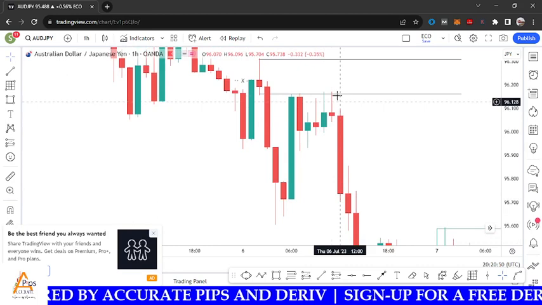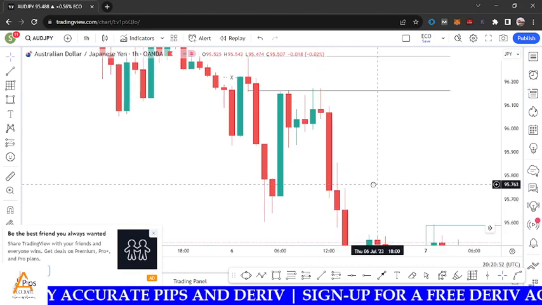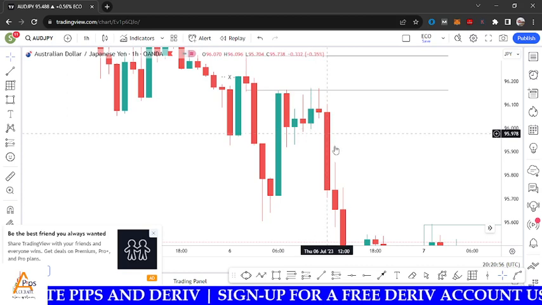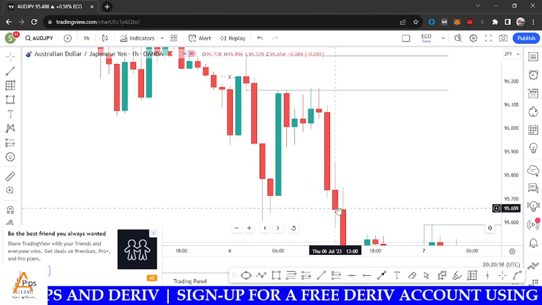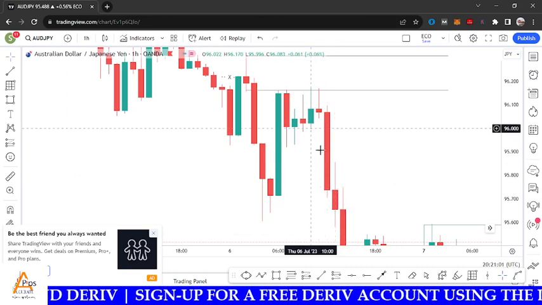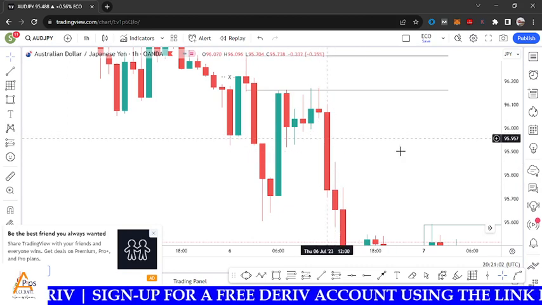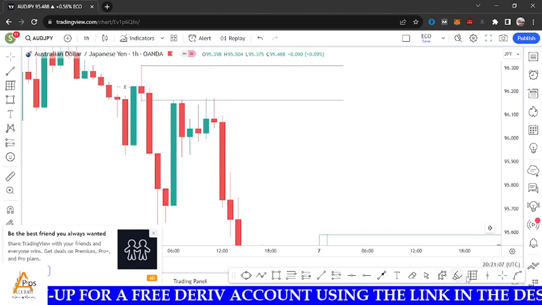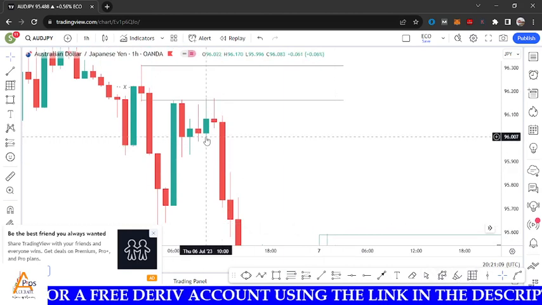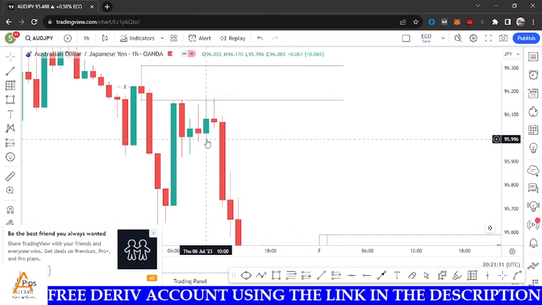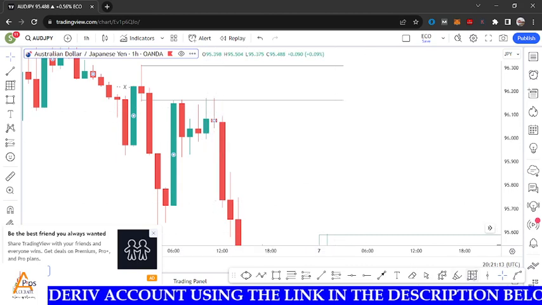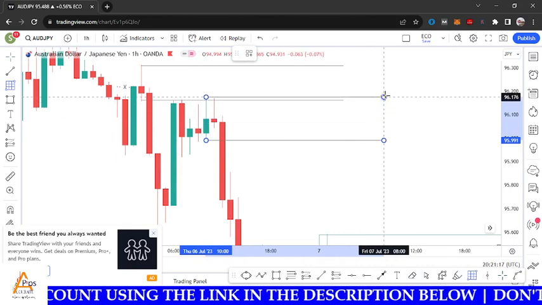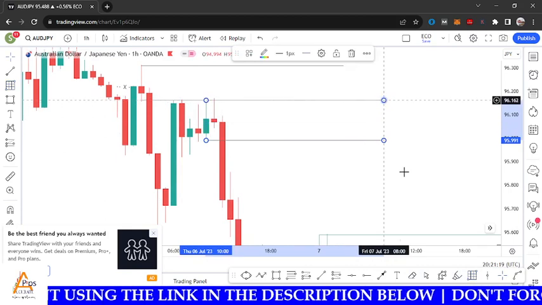before the downward move. Now, between the low of the green candle and the high of the third candle here, we can see there is a gap. That is an imbalance, making this our next valid order block. I don't mark an order block if I don't see imbalance, if I don't see liquidity being taken.